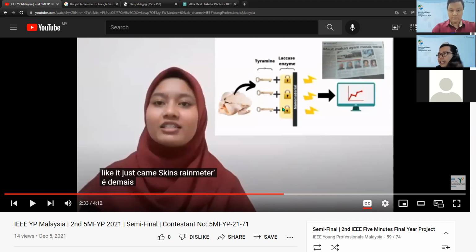And perhaps just another comment here. If you can replace this image with an actual graph, that would be better, I think, rather than this. This is actually meaningless. Or I think if you have something like this, it is also fine. Like how chicken, and then you have tyrosine, tyramine, enzyme becomes whatever.